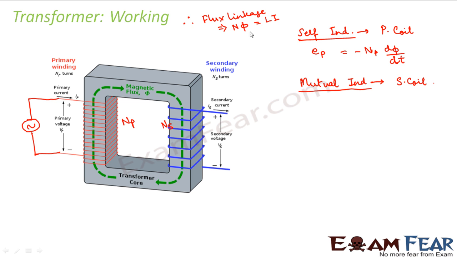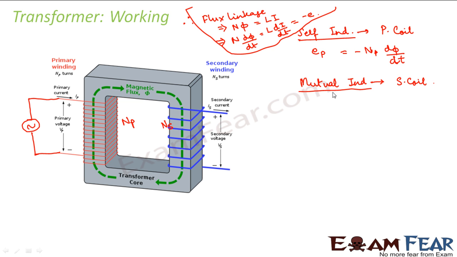And from this we can say that N d phi by dt is equal to L di by dt. And what is L di by dt? It is nothing but self-induced EMF. So from this we can write that induced EMF is equal to minus N d phi by dt, where N represents the number of turns on that coil.